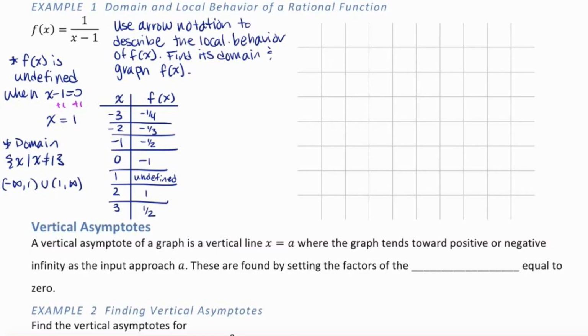All right, you should have this in front of you now. At negative 3, our output is negative 1/4. If we plug in negative 2 for x, we end up with negative 1/3. If we plug in negative 1 here, we have negative 1/2. Of course, we worked this one out together.